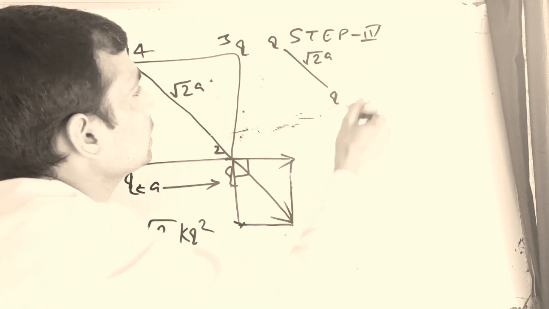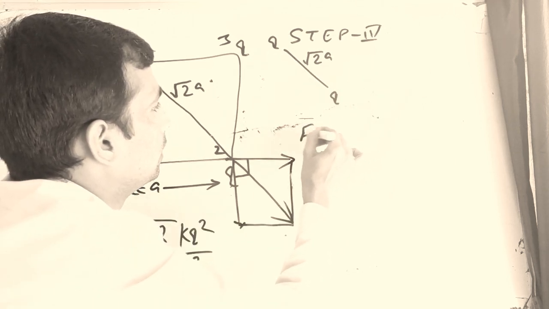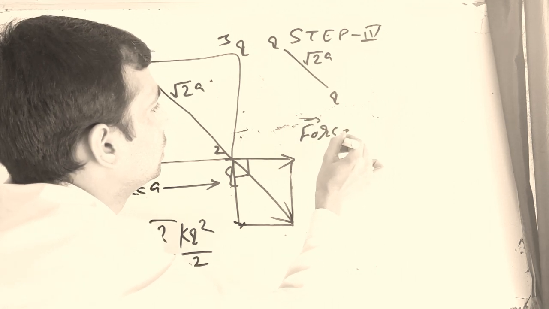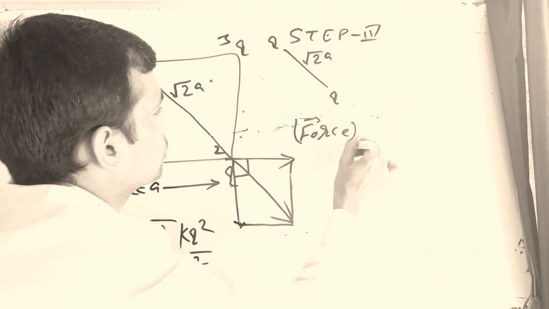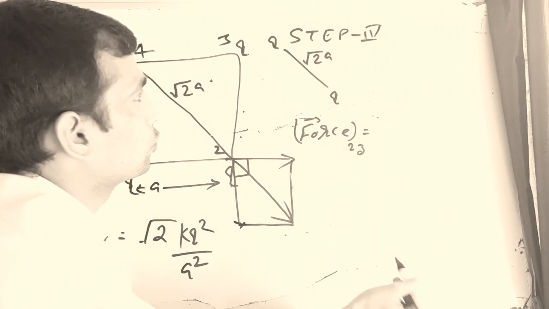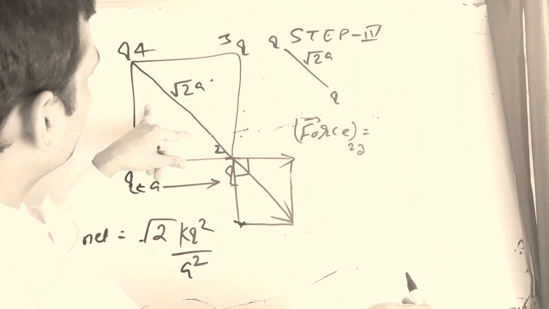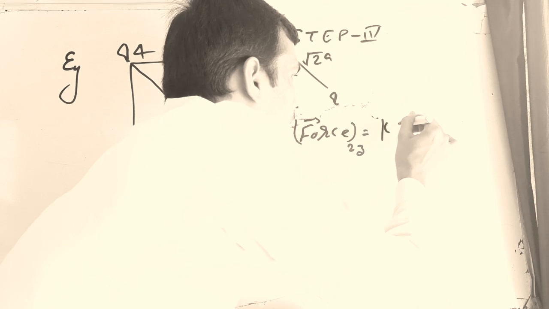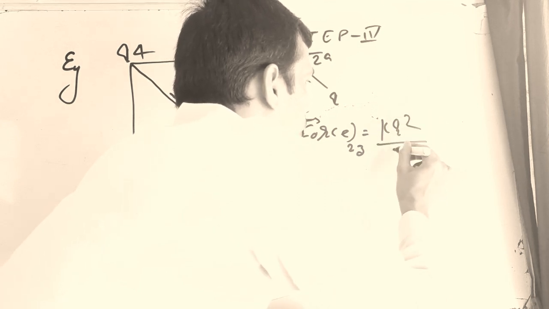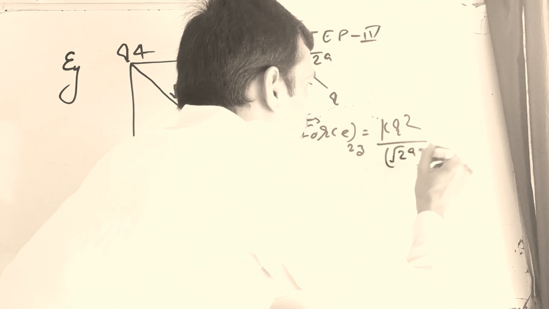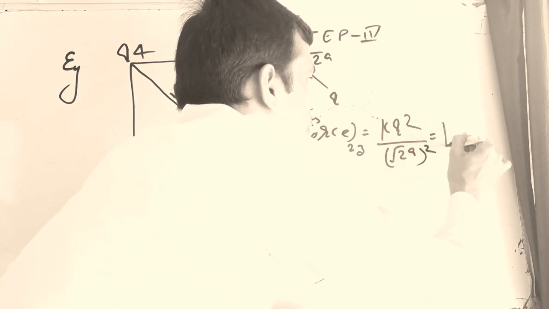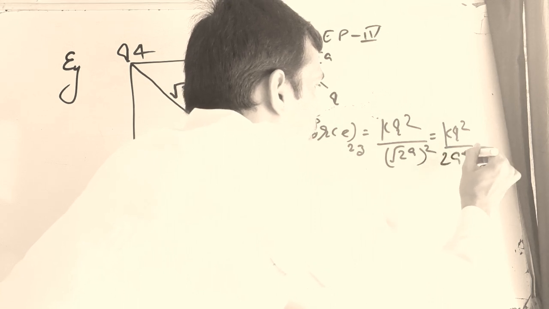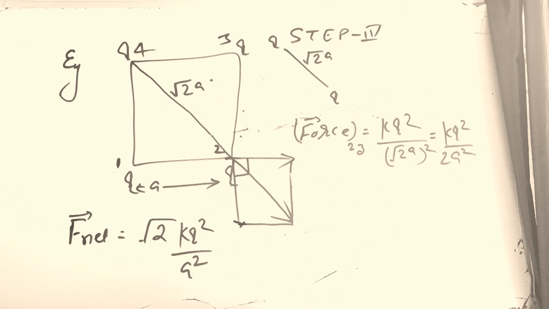Fine. So what is the force, not F net, student? You can say force due to 2 and 3. Again, what is the formula? Basically kq² upon root 2a whole squared. So this is kq² upon 2a². Fine.